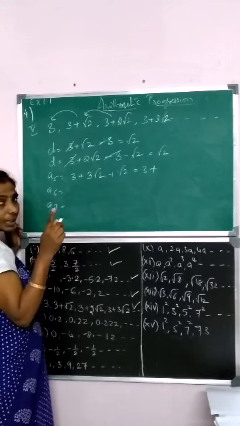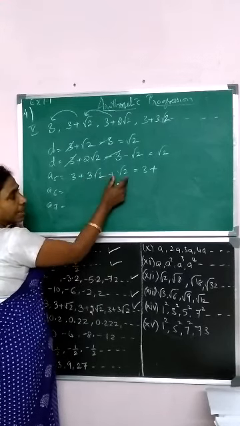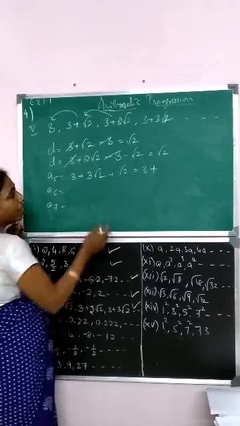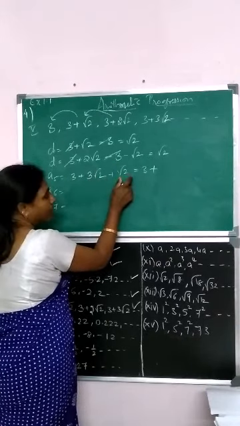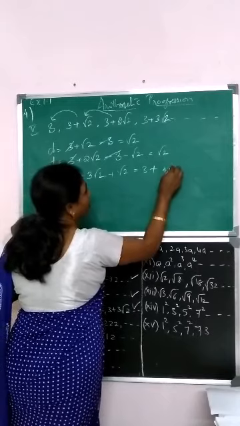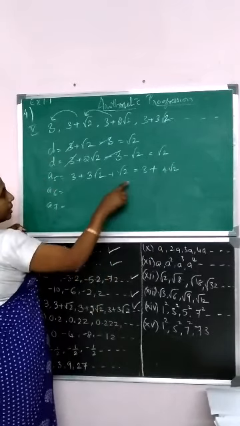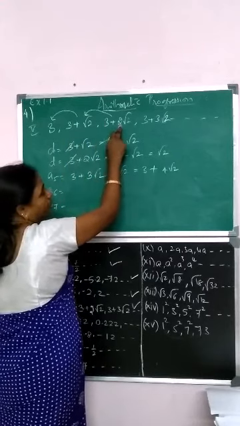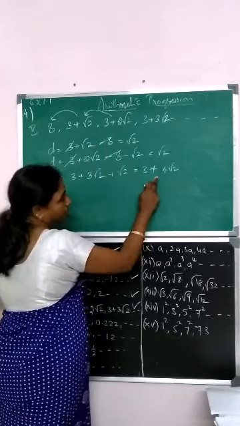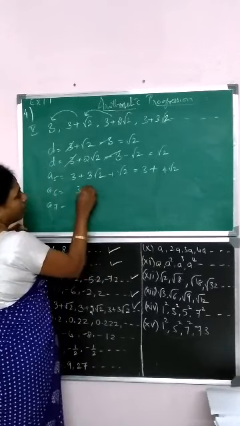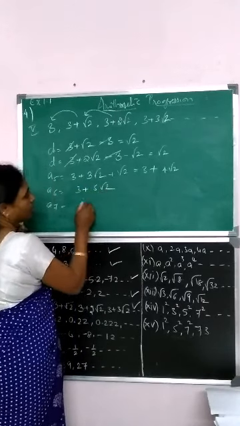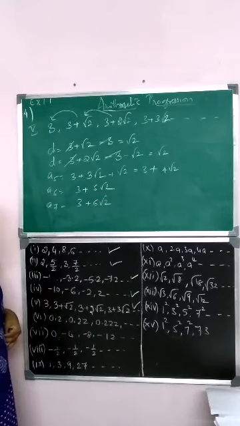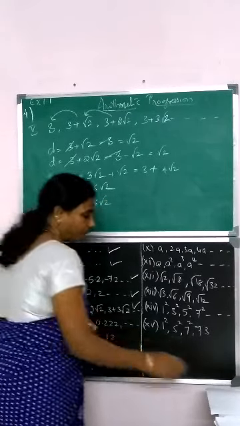It is wrong to do like that because these two are called like terms. This is unlike those two. Okay. So 3 root 2 plus 1 root 2 gives you 4 times root 2. The next term, as it is you continue: 3 plus 1 root 2, 3 plus 2 root 2, 3 plus 3 root 2, 3 plus 4 root 2. Therefore, now it is 3 plus 5 root 2 and 3 plus 6 root 2 are the continuation of the terms. Okay. Now this is one.